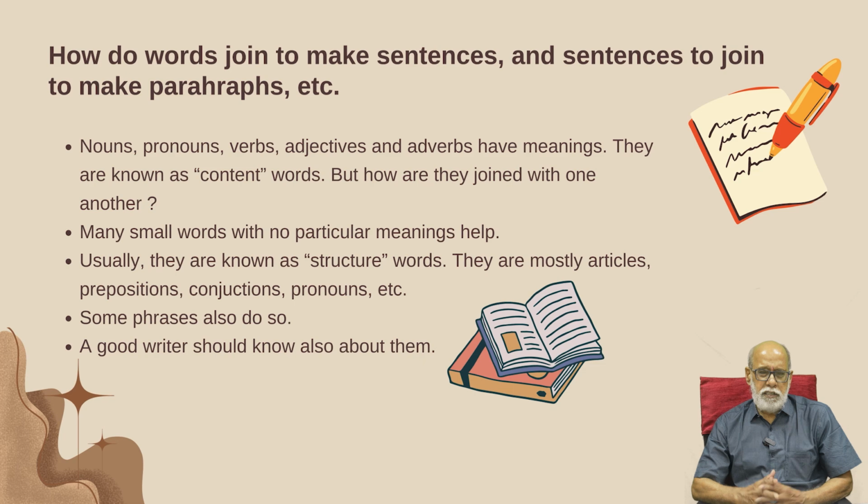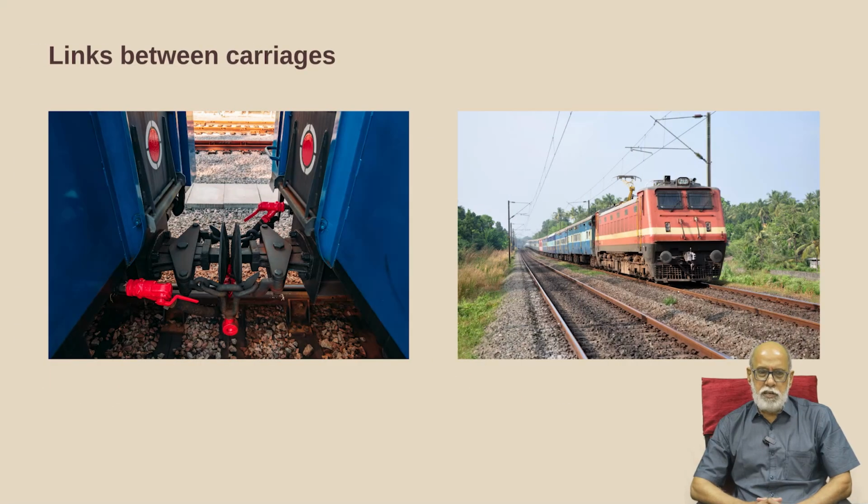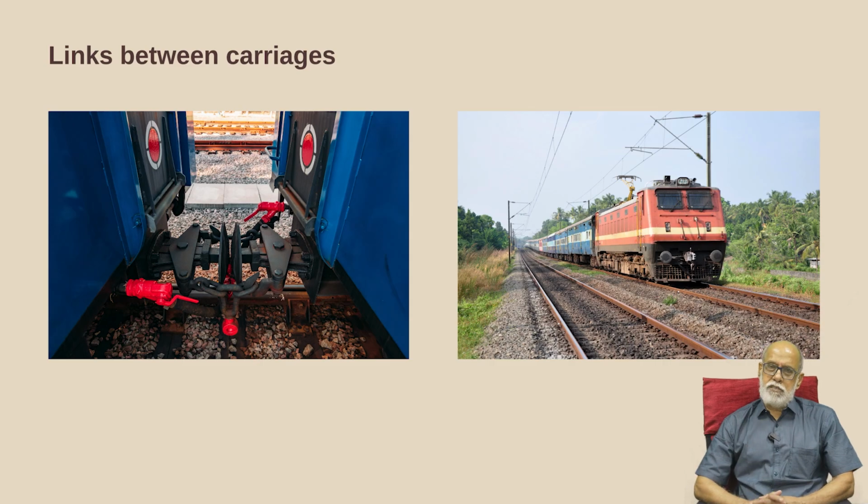To make it still more clear, you see, all of us have seen railway trains. Now, all railway trains, by definition, a train is a combination of two or more units. Only then does it become a train.